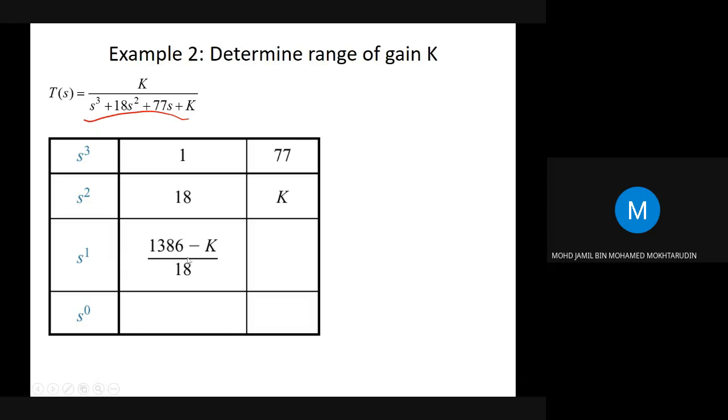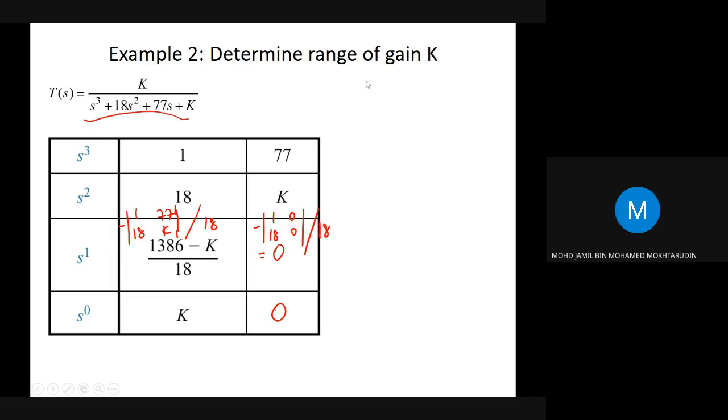So here S1 is determined by the determinant of -1, 18, 77, and K divided by 18. And then here it's 0 because it's the determinant of 1, 18, 0, 0 divided by 18. So you get 0. And then for the next row, you get K. And then here also 0, okay?